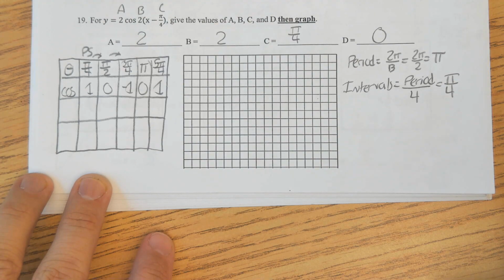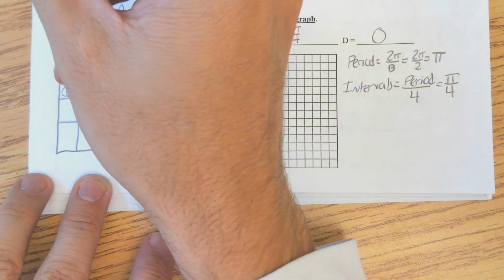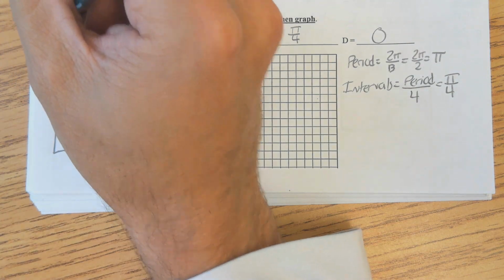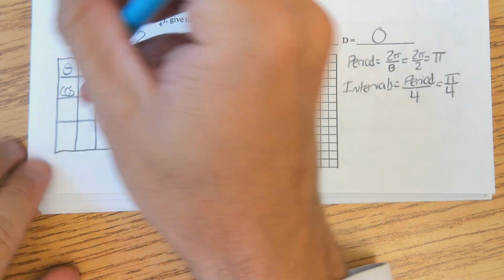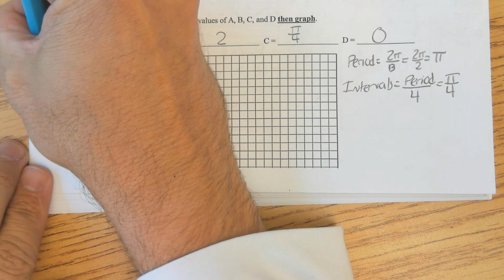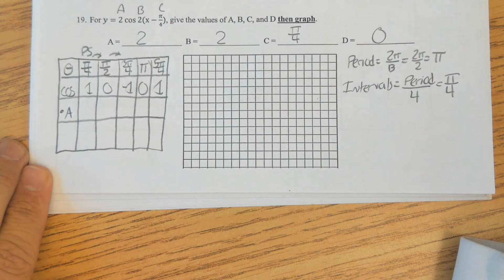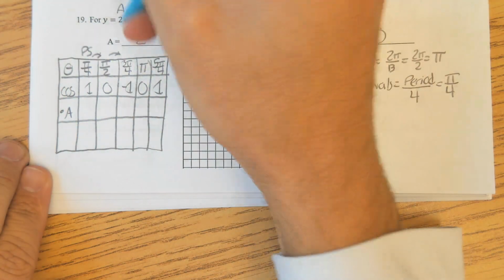Times A here. So times A, so 2 here, so A is 2.